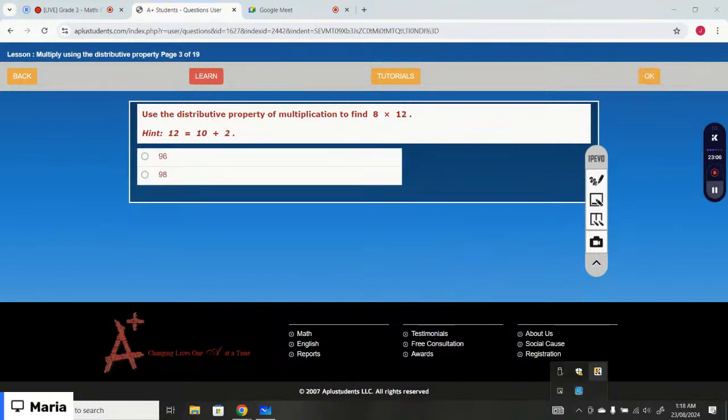Okay, now for the next one, you can use your notebook and pencil and you can please write the answer in the chat box. You have to do 8 times 12. So which is the correct option?